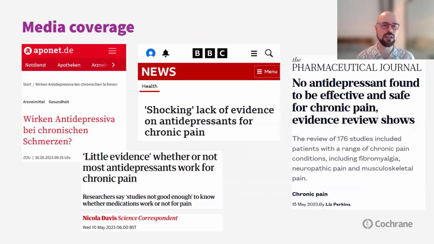So for this one, we had a lot of media coverage to cover all these audiences. You can see there a German pharmacy specialist website and also an English language pharmacy specialist website, giving this information to prescribers primarily. And then you can see the BBC and Guardian articles there, which are much broader and, of course, will reach a lot of audiences, including policymakers and prescribers.